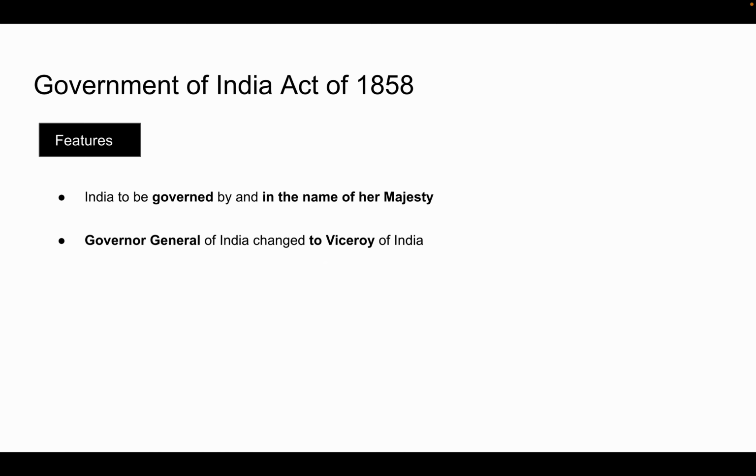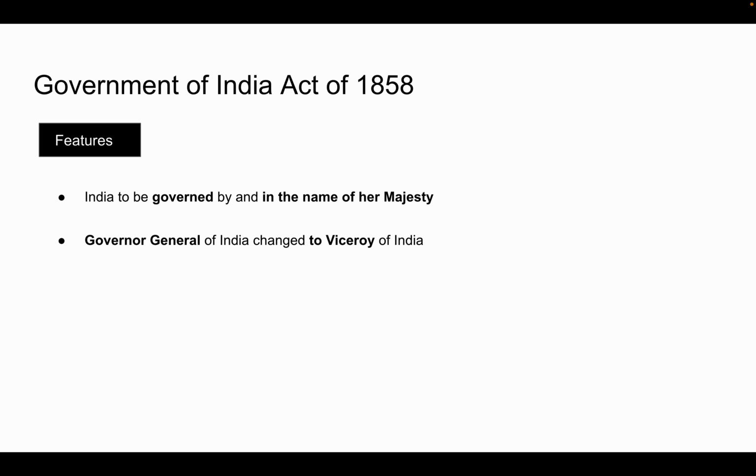The second point is that the Governor General of India was changed to Viceroy of India. If you know, in the Regulating Act of 1773, we had the first Governor General of Bengal, that is Lord Warren Hastings. Then in the Charter Act of 1833, we had the first Governor General of India, that is Lord William Bentinck.